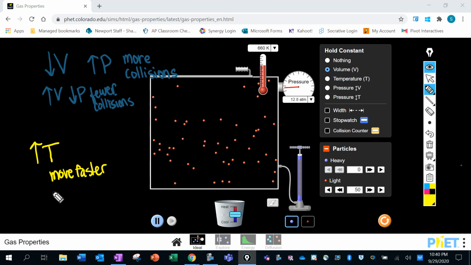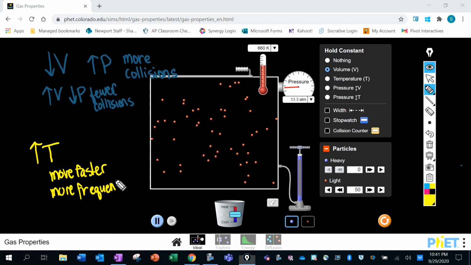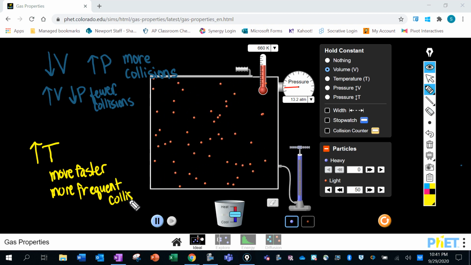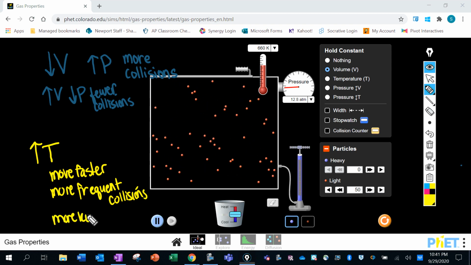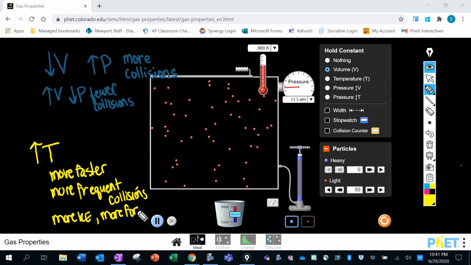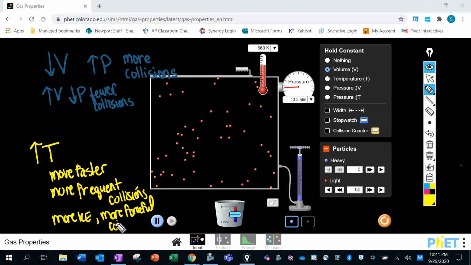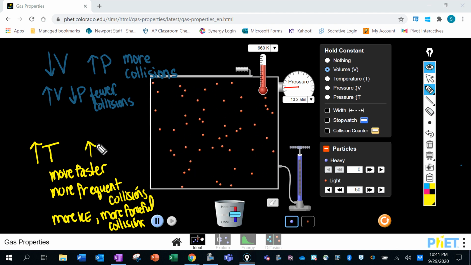You end up with more frequent collisions, and the collisions also occur with more kinetic energy, so you have more forceful collisions as well. Both of those things cause an increase in pressure.